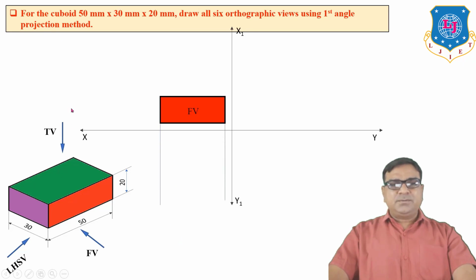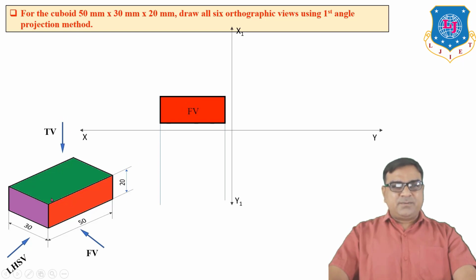Now the top view. When we observe from top, we get two dimensions, length and width. That time the height is hidden. When we observe from front, we can see length and height, but what about width? We cannot see the width of the object. So the front view represents two dimensions only, length and height.